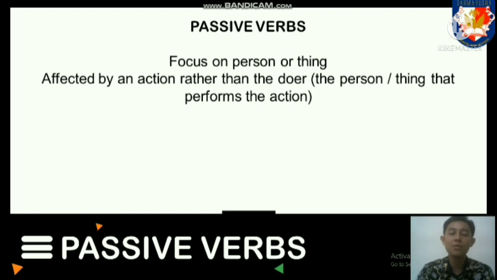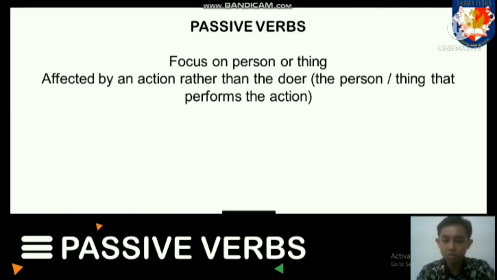So this is how we use passive verbs, guys. We use passive verbs when we focus on a person or thing affected by an action rather than the doer, right? So we focus on the person or thing given an action, rather than the doer.